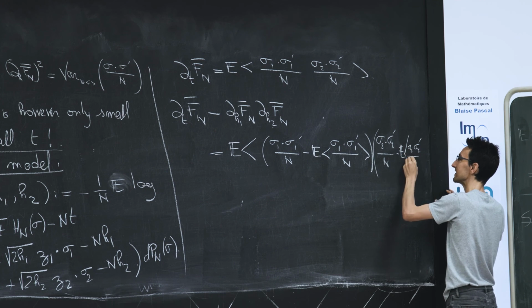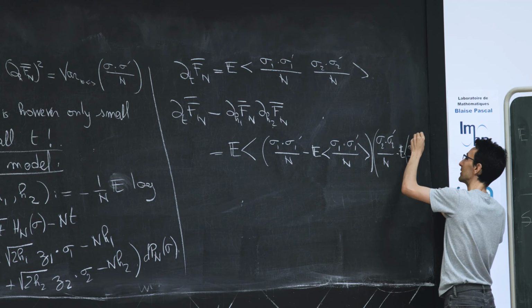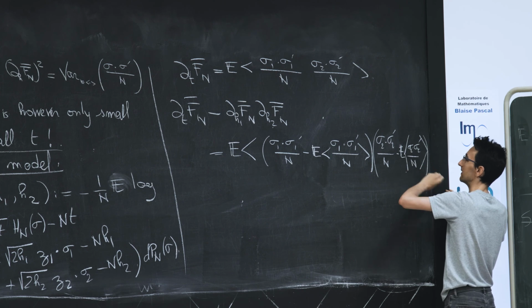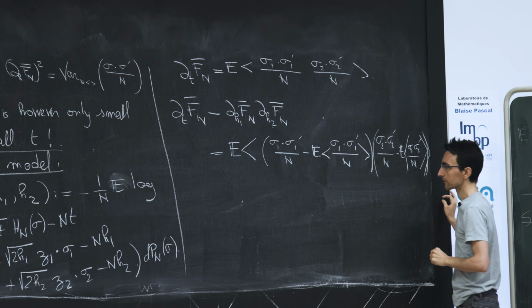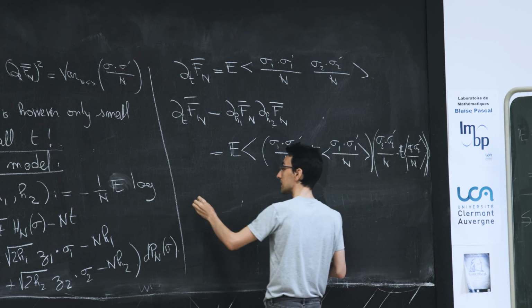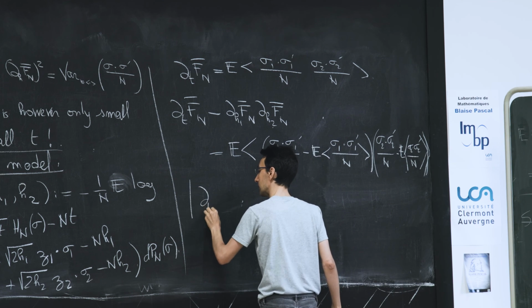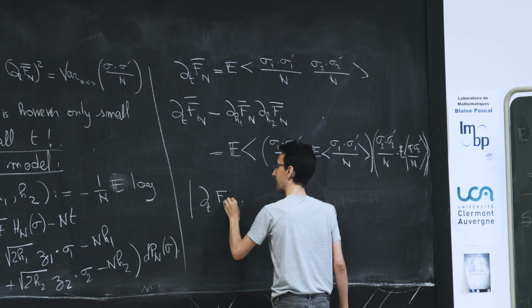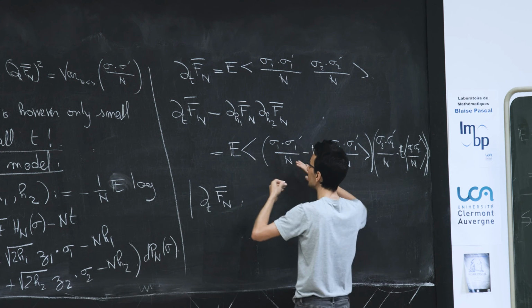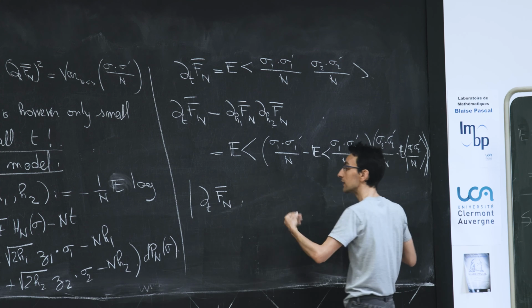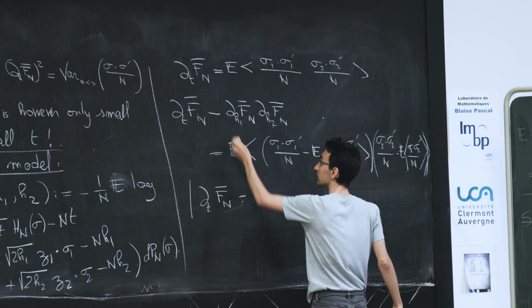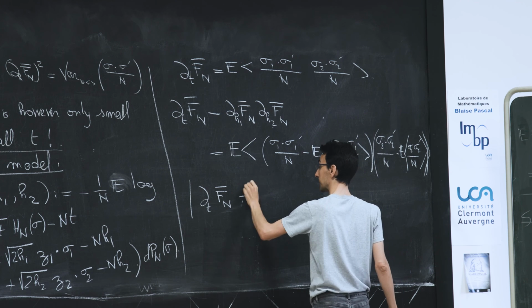I'm squeezing it into the corner here, but I hope you can read it. Maybe there's another bracket I need to close. So in particular, like in earlier situations, if you assume for a second that these things don't fluctuate much, then you can control the size of this left-hand side.